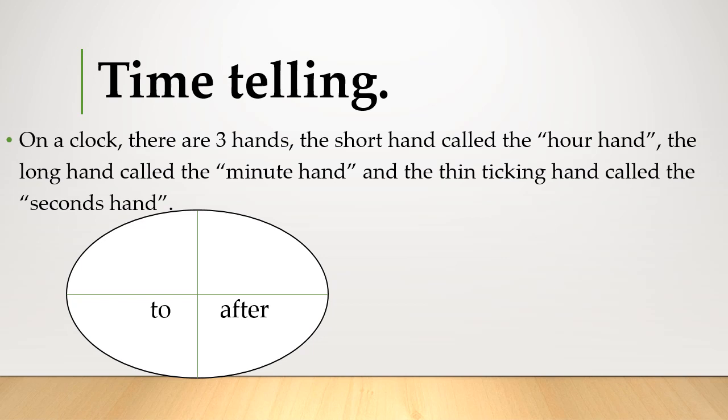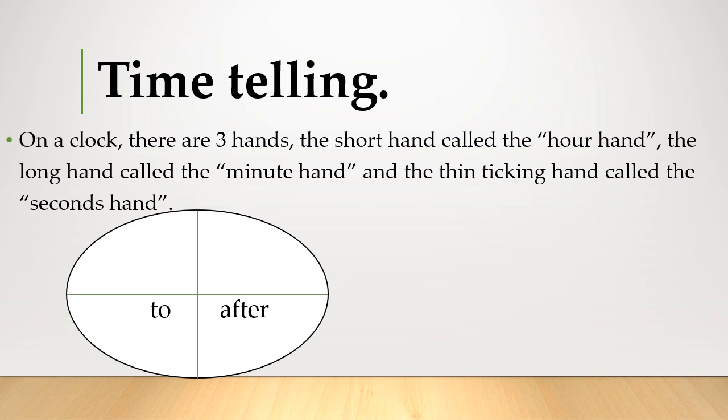When the long hand, which is the minute hand, has crossed 12, it is now after the hour: after 3, or after 6, or after 12, or after 1, or after 2, or after 4, or after 5. Then while the long hand is on its way up here, it is "to".